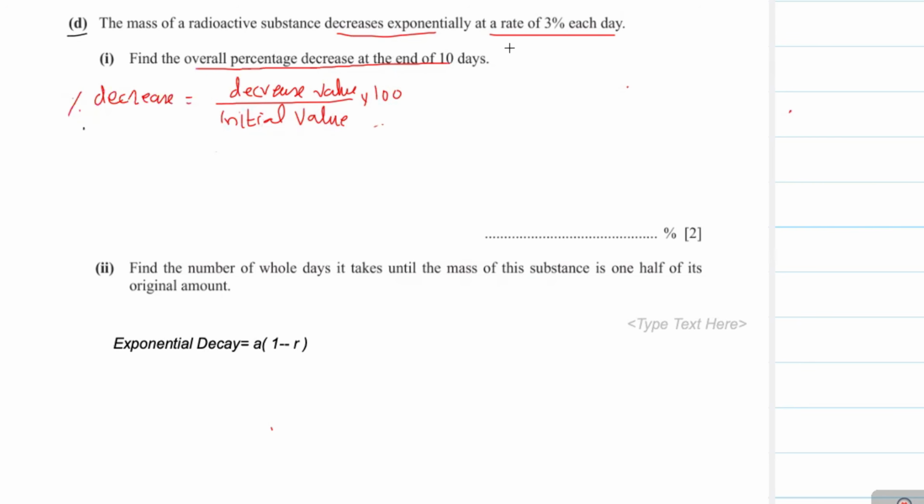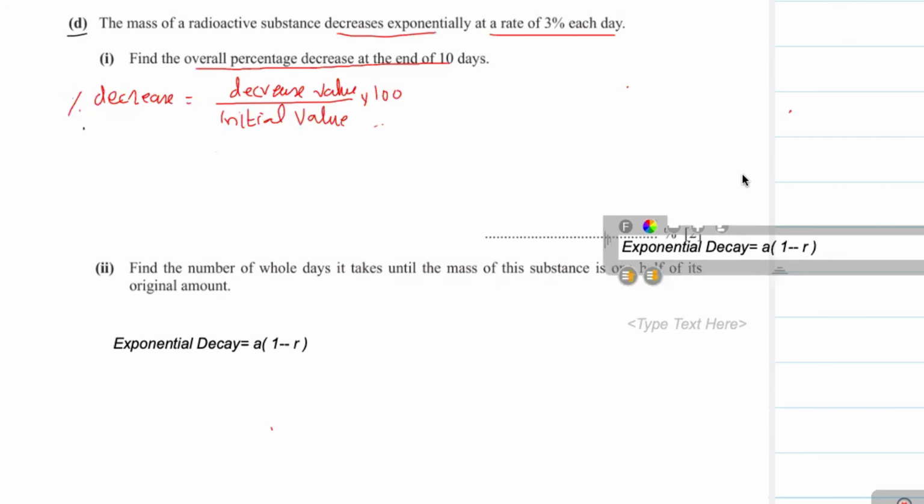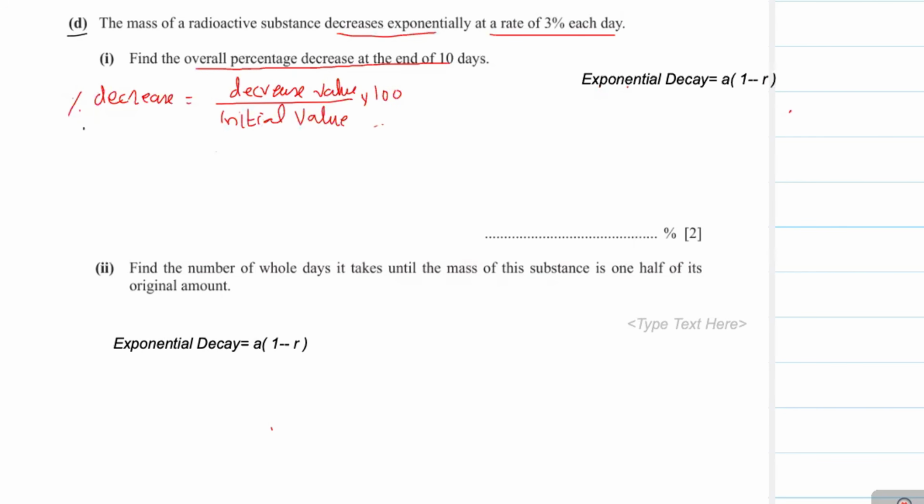The exponential decay in 10 days we can find by using this formula: exponential decay will be equal to a into 1 minus r whole power t. T is the time, a is the initial value. Here the initial value is not given. We suppose that a is the initial value, t is the time, r is the rate.